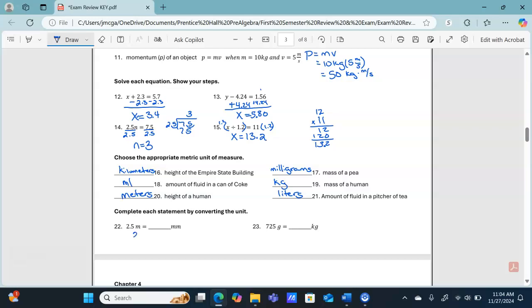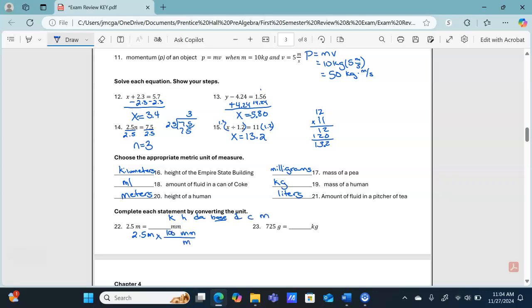And then here, you can either use dimensional analysis, which is what I'm going to use, or you can write out your units and move the decimal. It's kilo, hecto, deca, and then your base unit like grams, liters, whatever. Deci, centi, milli. I'll show you both ways.